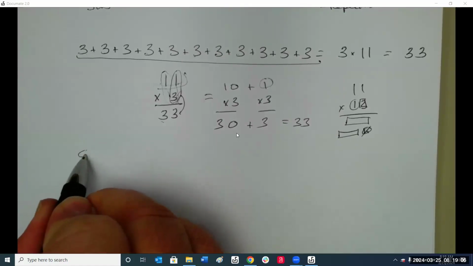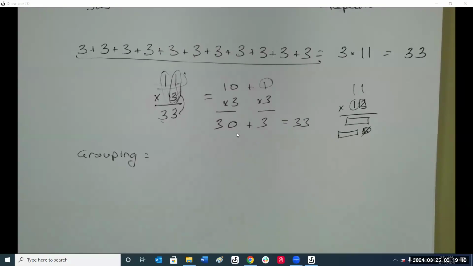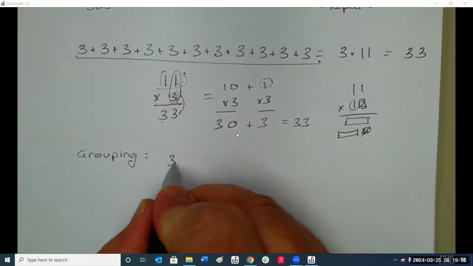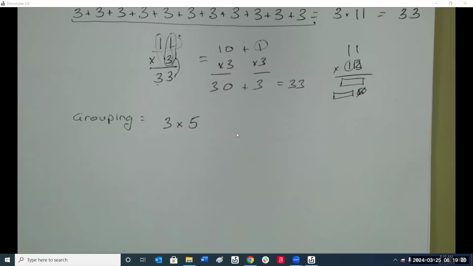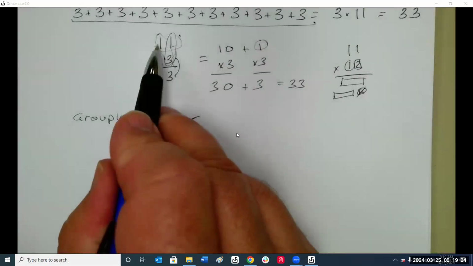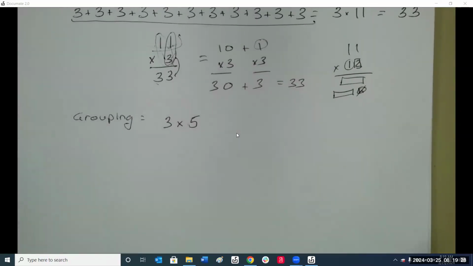So now, if you use manipulatives, grouping, how would you do grouping? How would you show, let's say, 3 times 5? Rule 1: you would never jump to 2-digit numbers until they understand this. If we did that, they'd blow their mind, so they wouldn't know what to do.